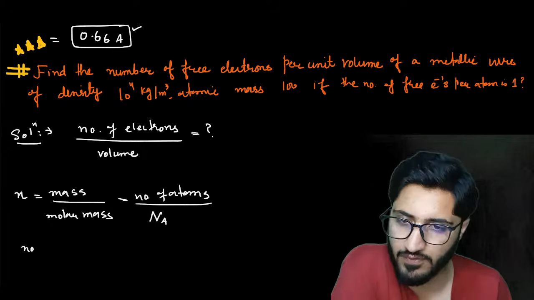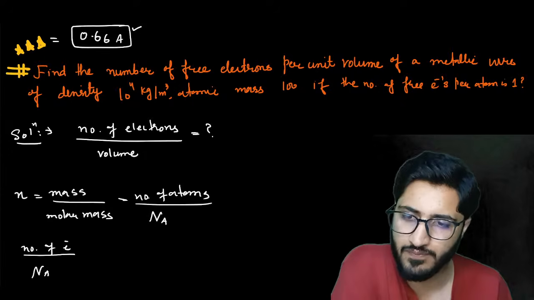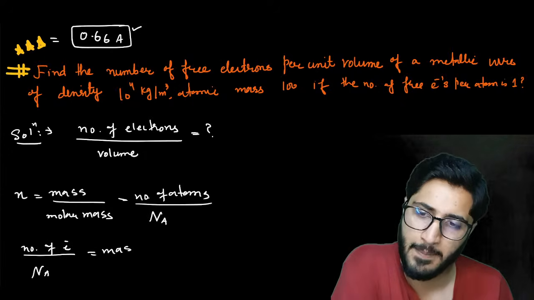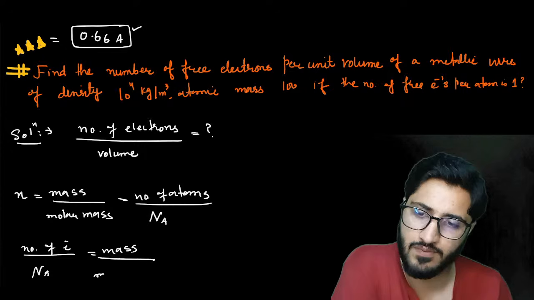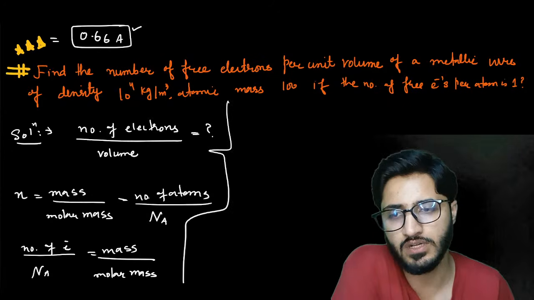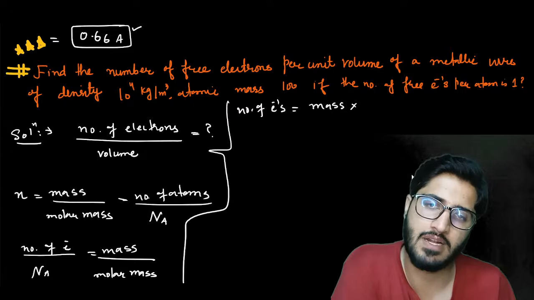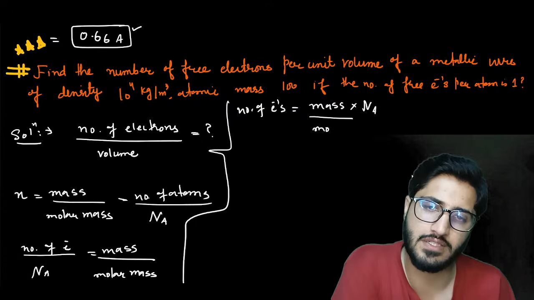So I can write number of electrons divided by Avogadro's number equals mass by molar mass. Now I can write number of electrons is equal to mass multiplied by Avogadro's number divided by molar mass.